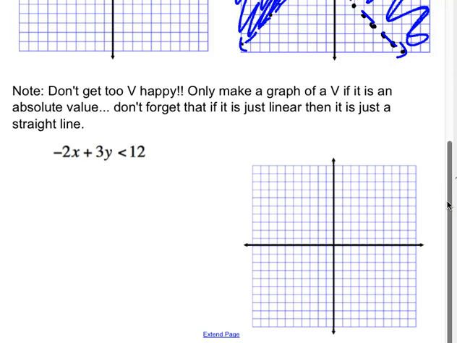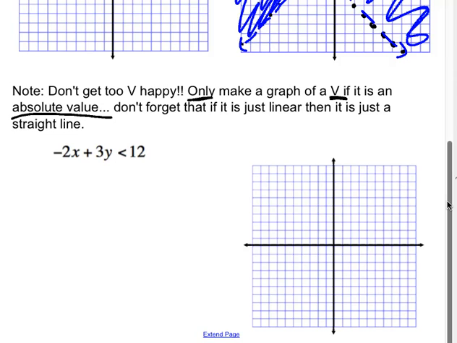That's something I've noticed my kids doing in the past. So I need you to be very cognizant of the fact that V's are only absolute values, okay? V's only absolute values, okay? That's it. Don't forget, some things really are straight lines.